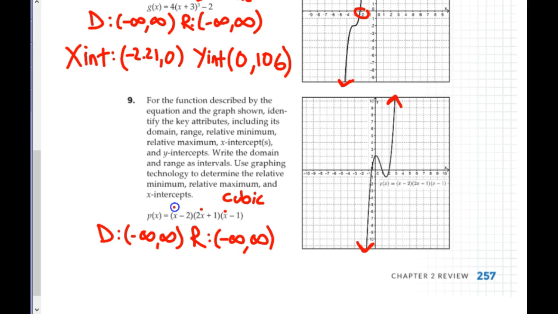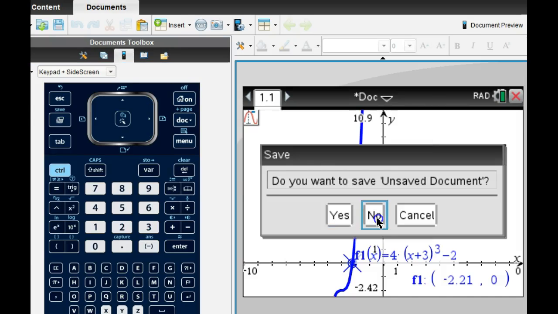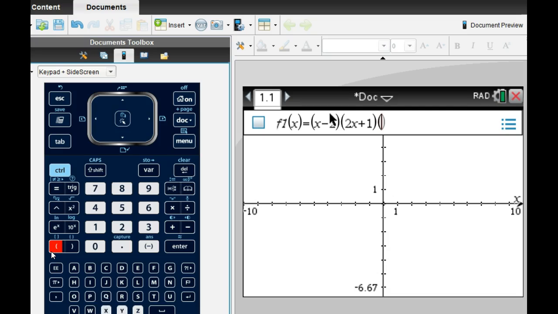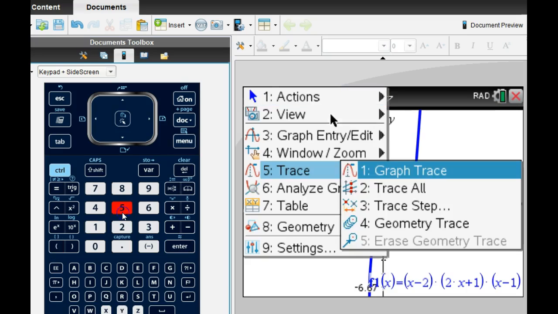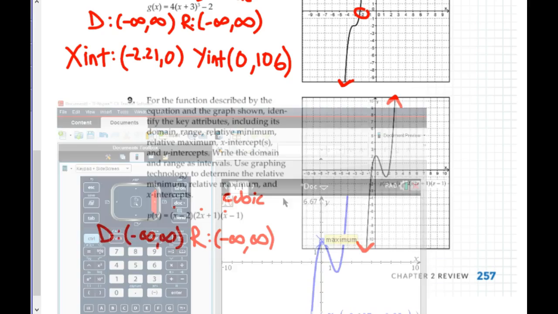We need the relative min and max. So let's type this in so we can get that off the graph. New document, don't save, graph. Menu 5, 1. So let's figure out the local max. There it is. 0.107, 0.205.